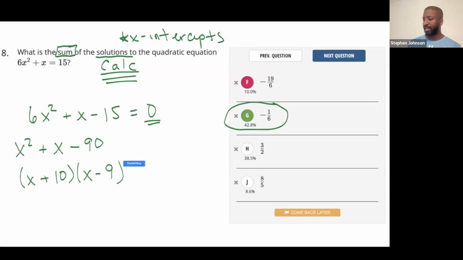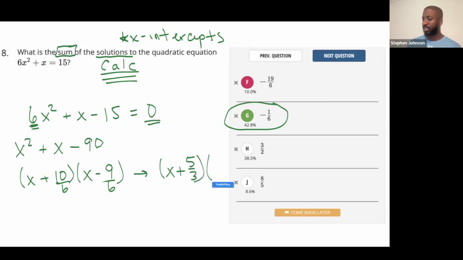And then because I honestly should reincorporate the 6, I divide both of these by 6. Hopefully you know this pathway, by the way. If not, we can discuss it further. You can leave a comment or we can talk about it further. Which means that this becomes x plus 10 over 6, reduced is 5 over 3, so 5/3.